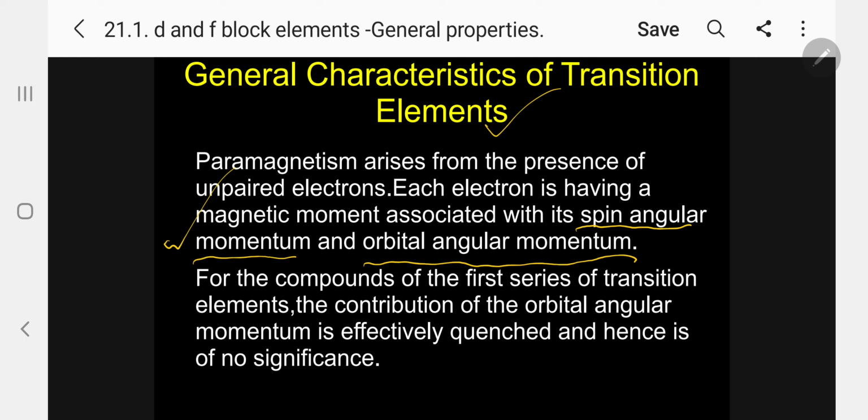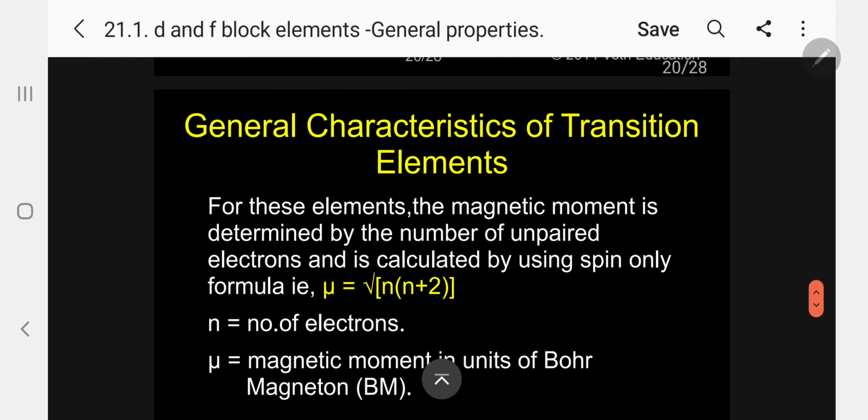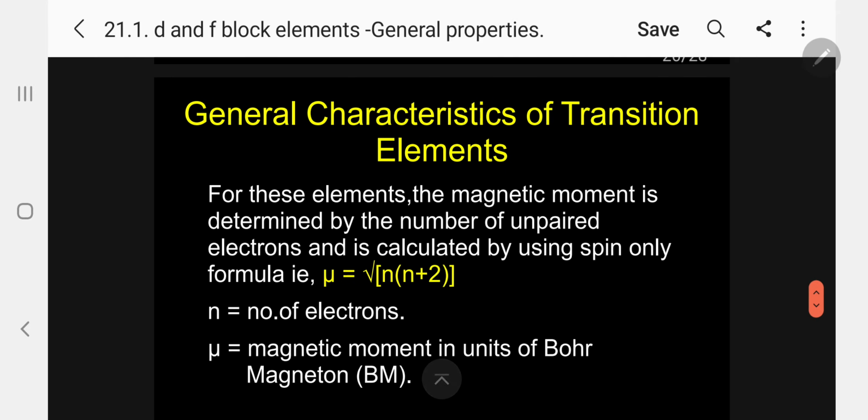For compounds of the first transition series, the contribution of orbital angular momentum is effectively quenched. Quenched means vanished, and hence it has no significance. So in the first transition series, only the spin magnetic moment is present. There is no corresponding orbital magnetic moment.